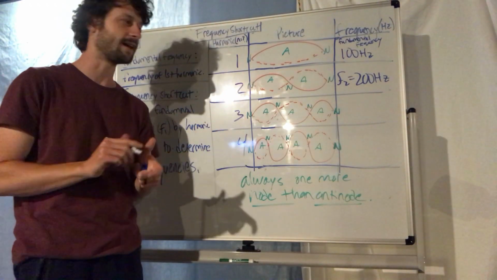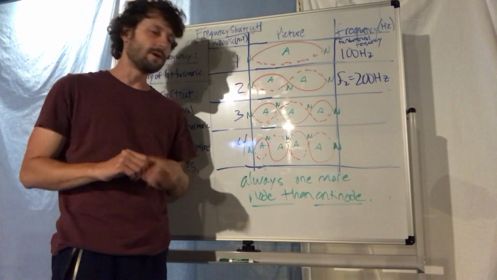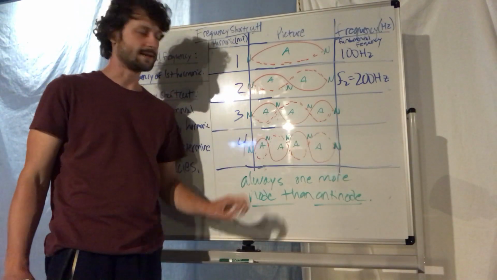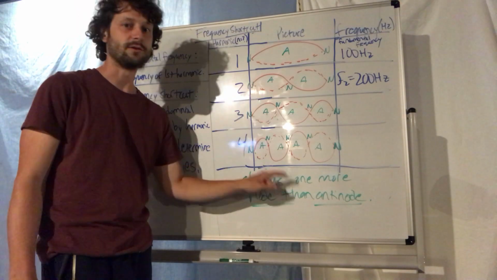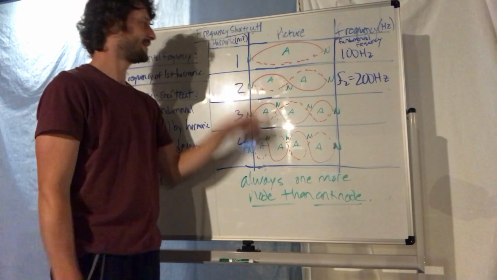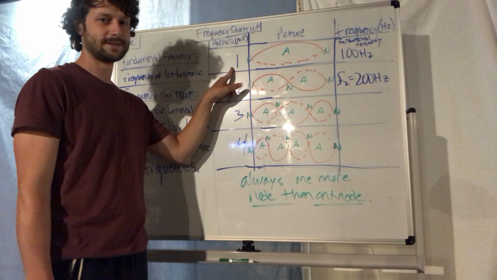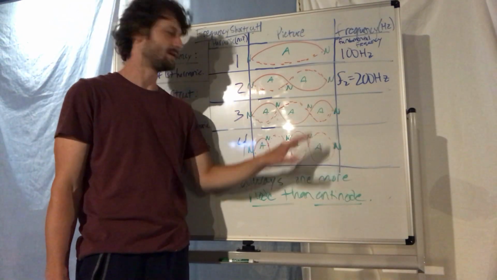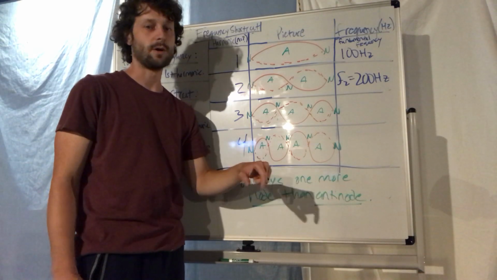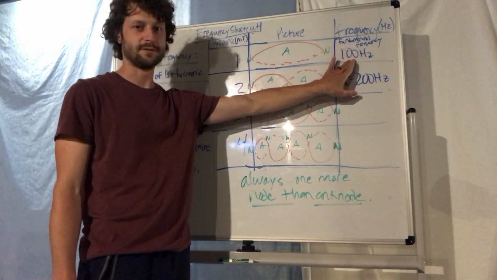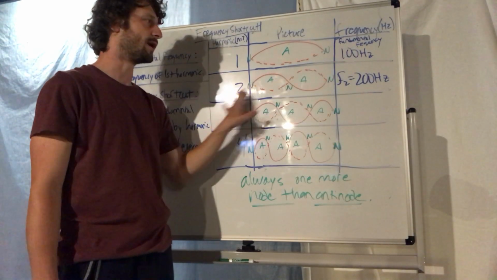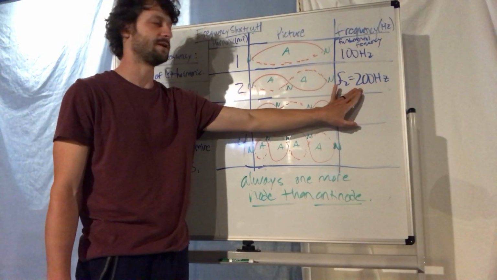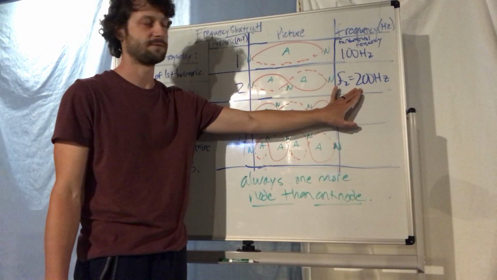I know you were thinking that, but the only way you could get the third or the fourth is not to look at the one before it, but to look back to the first one, the fundamental frequency. All the other frequencies for 3, 4, 5, 6, and so on, are based on the fundamental frequency. For the second harmonic, if we double the fundamental frequency, we get the second harmonic's frequency.